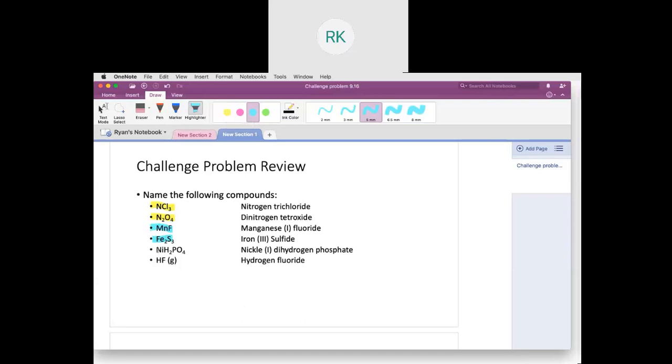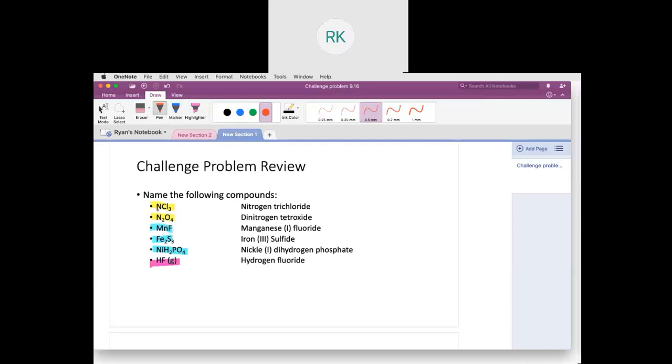Now when we look at the next example, again we have a positively charged cation, nickel, and then a negatively charged anion, and here we have a binary compound that I am going to highlight. It looks like an acid, but we will investigate further when we get to it. Okay? And so for these first two, again, these are covalently linked compounds.